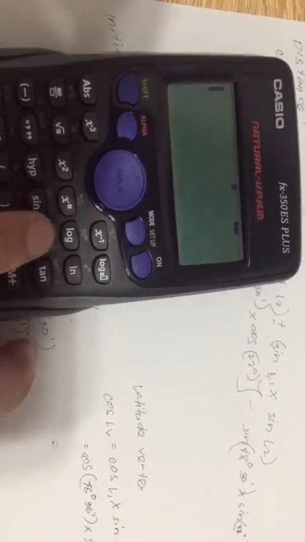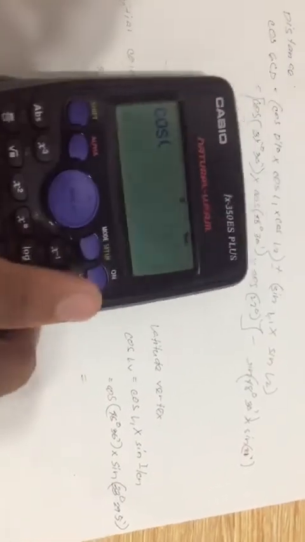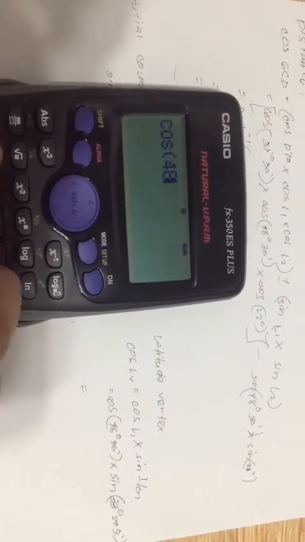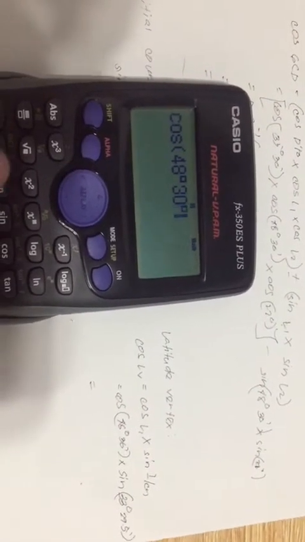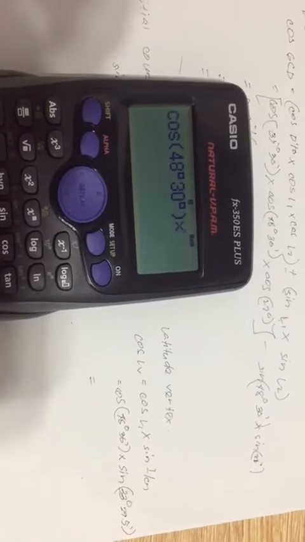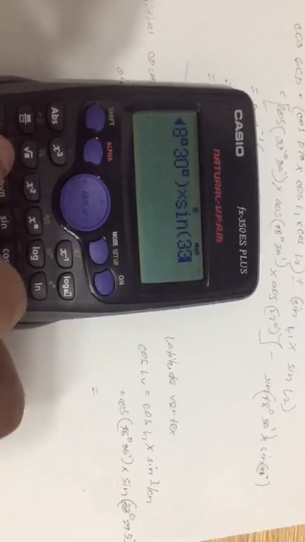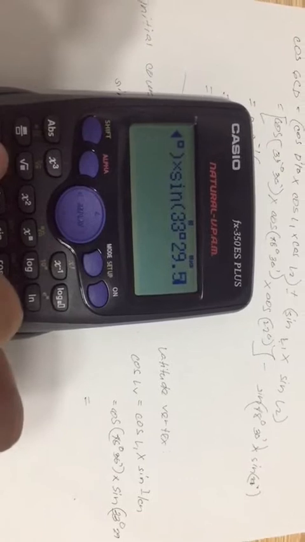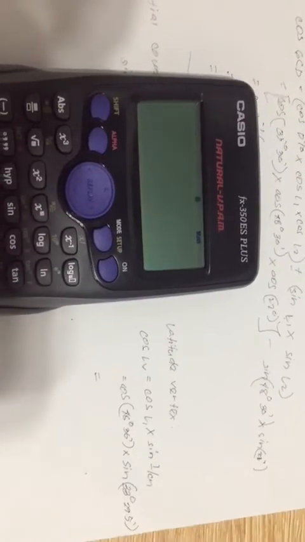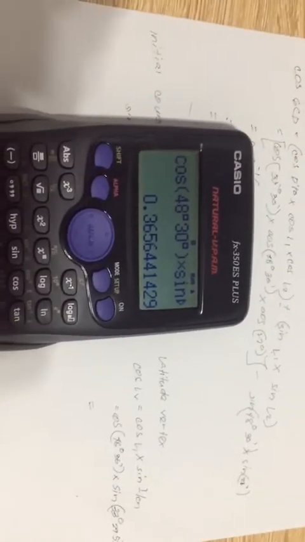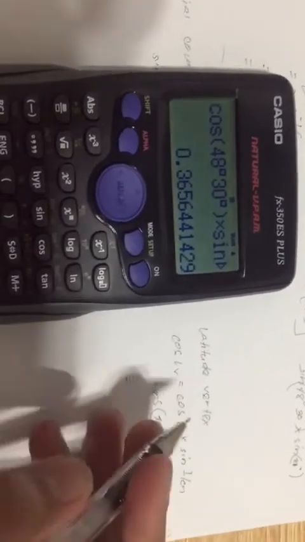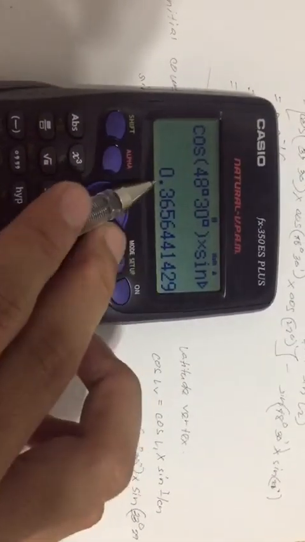Here, cosine 48 degrees and 30 minutes times sine 33 degrees 29.5 minutes is equal to, the answer is 0.3656.